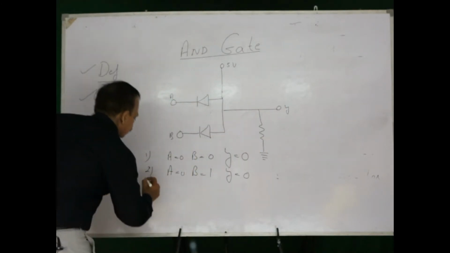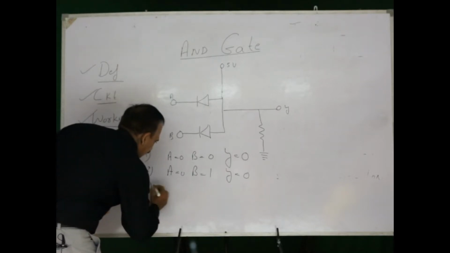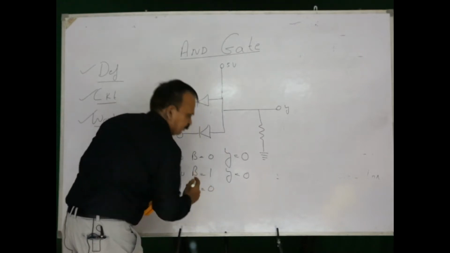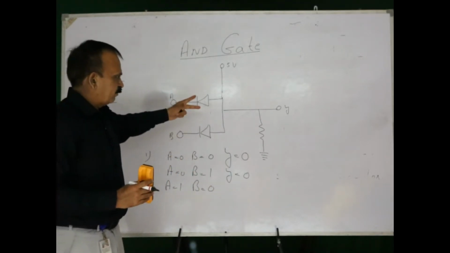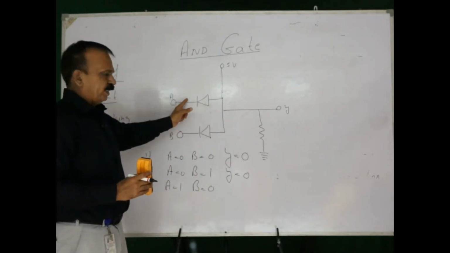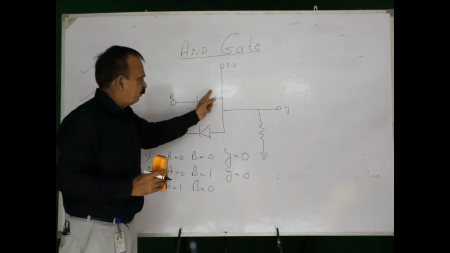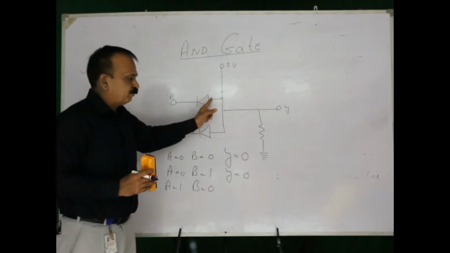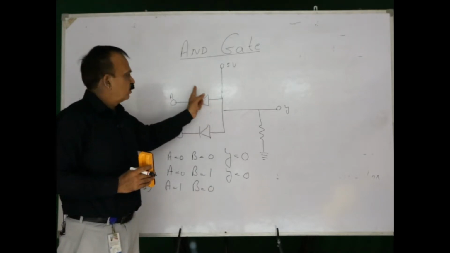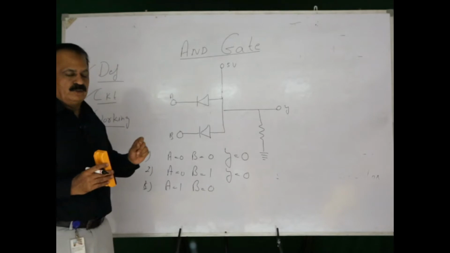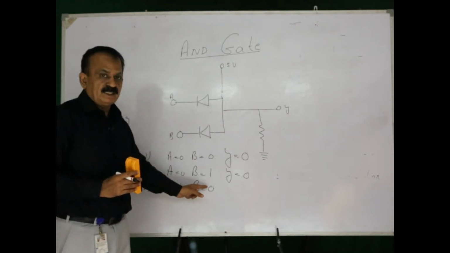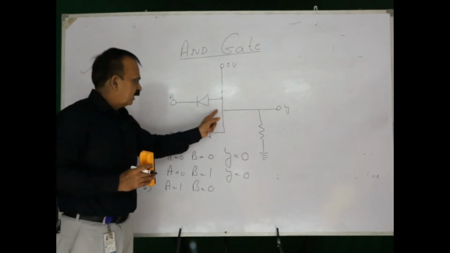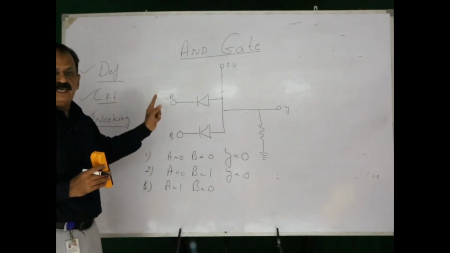The next case is A is equal to 1 and B is equal to 0. Now, these two have changed. A is equal to 1, no current will pass through the upper diode. Why? Because this is at high voltage, this P part is also at high voltage. So, no current will be passing through this diode, but since B is equal to 0, this part is 0 and this is at high voltage, the current will be passing through the lower diode.